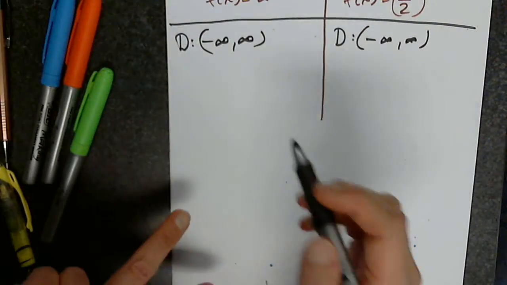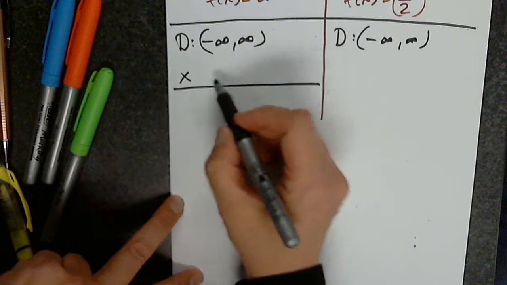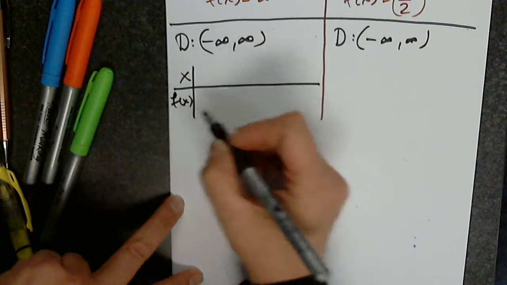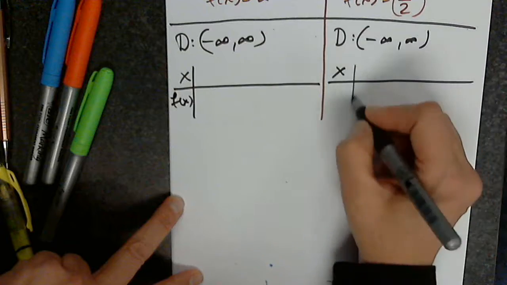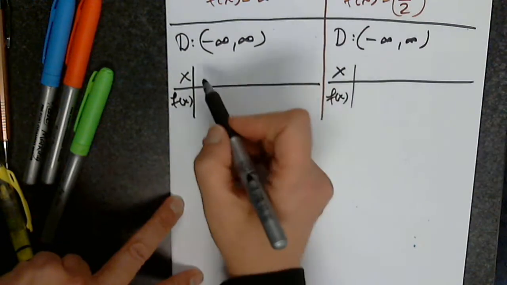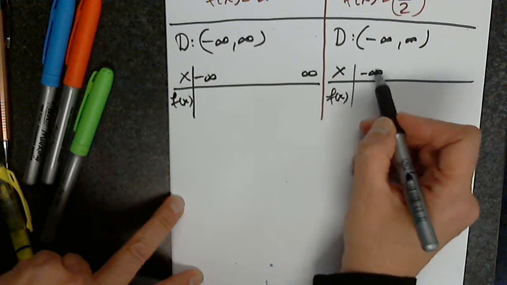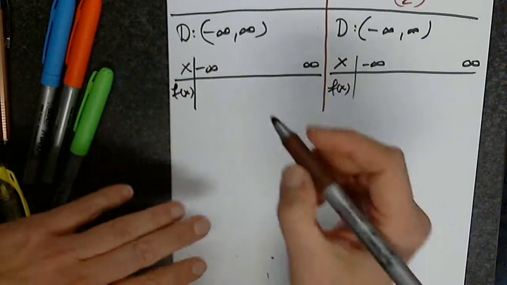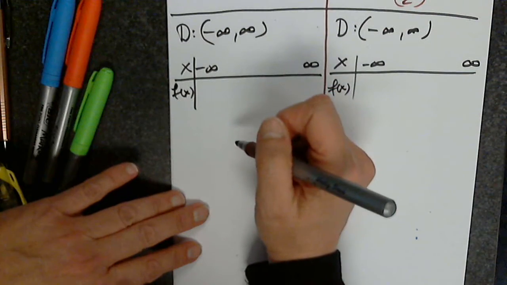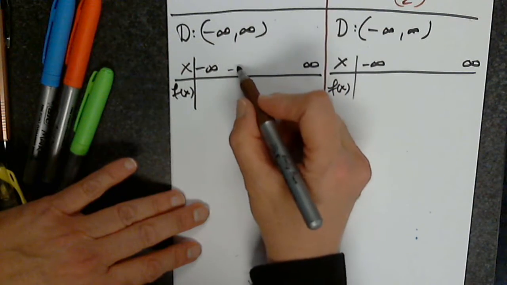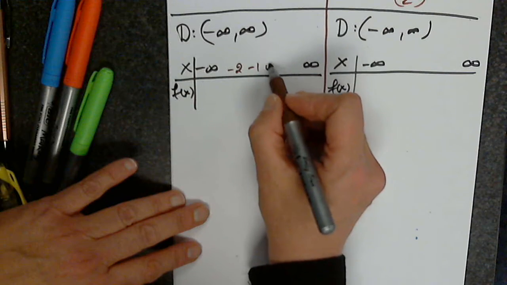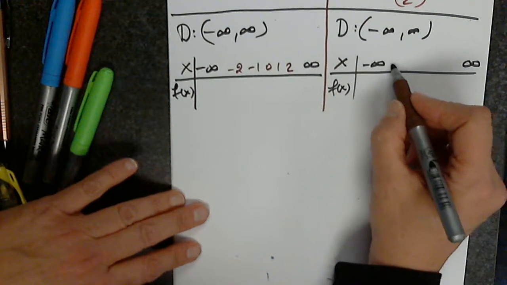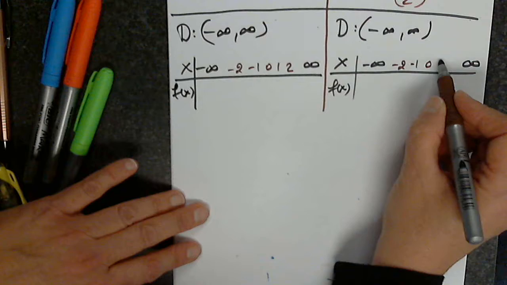Having said that, I would like to create my chart. Negative infinity to infinity, no problems, friendly function. I'm going to pick some numbers: negative 2, negative 1, 0, 1, and 2.